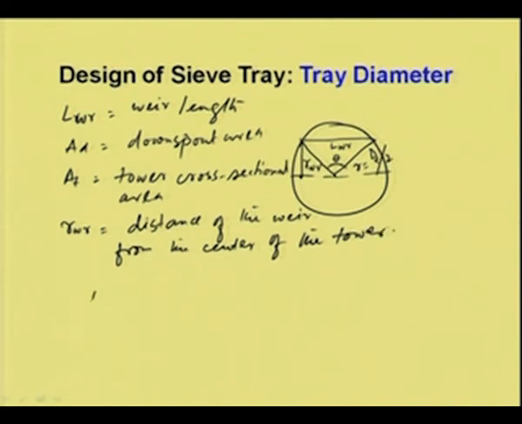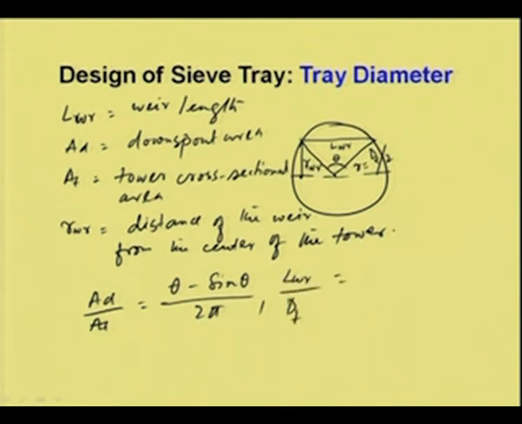Then we can write A_D by A_T is equal to (theta minus sin theta) by twice pi, and L_WR by d_T, where d_T is the tower diameter, is sin (theta by 2), and R_WR by d_T is equal to half cos (theta by 2).